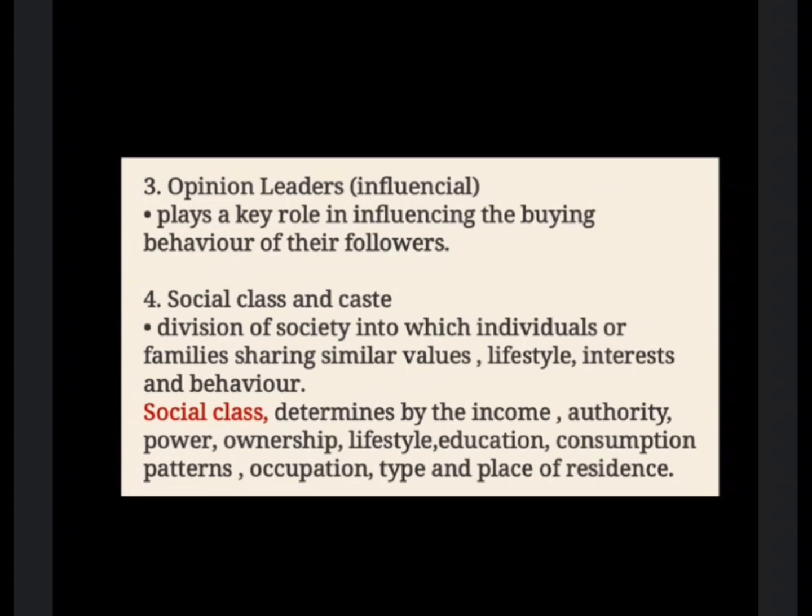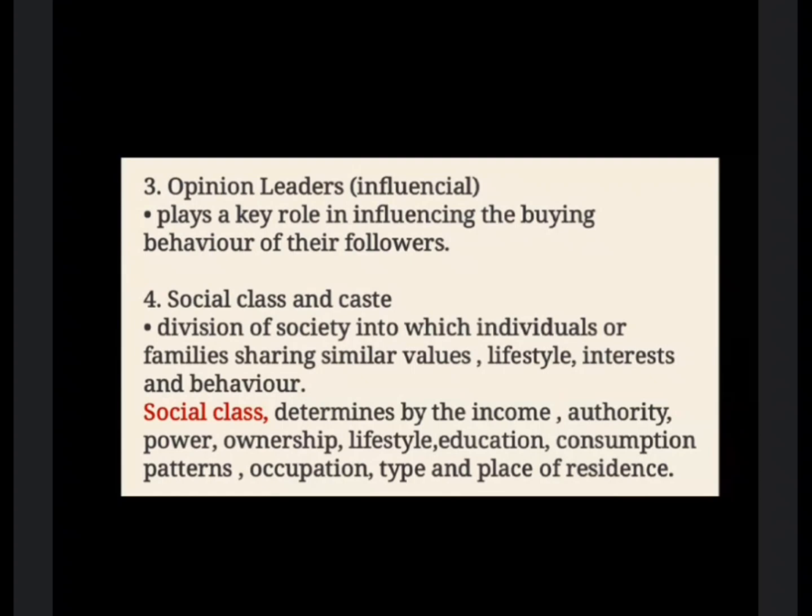Number three is opinion leaders, or influentials, who play a key role in influencing the buying behavior of their followers. The fourth one is social class and caste. It is a division of society in which individuals or families share similar values, lifestyle, interests, and behavior.